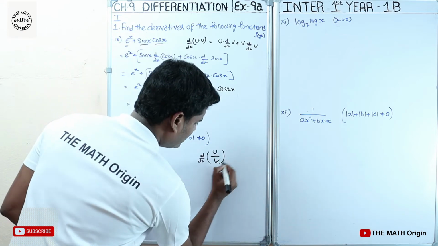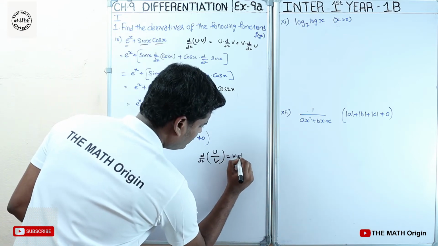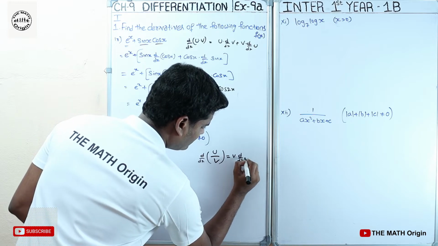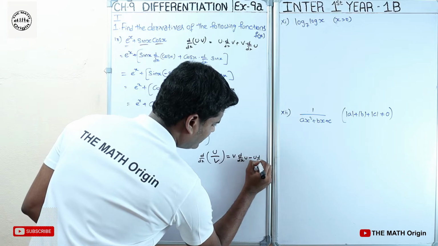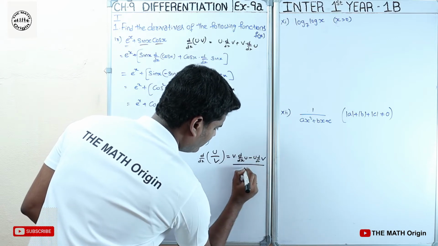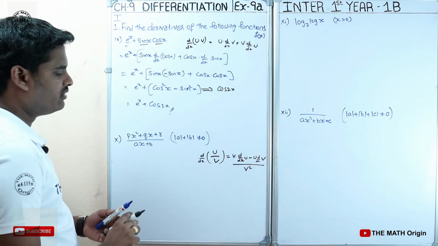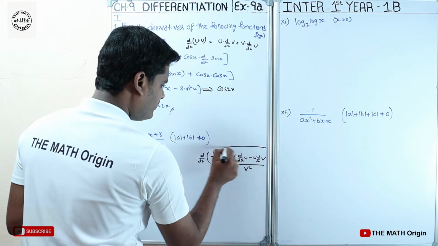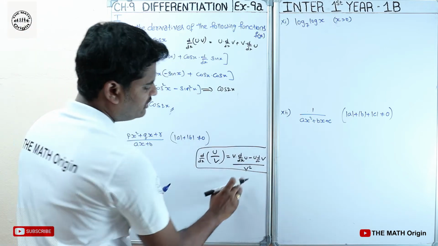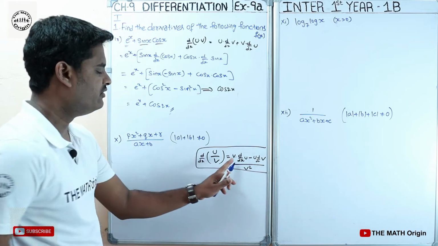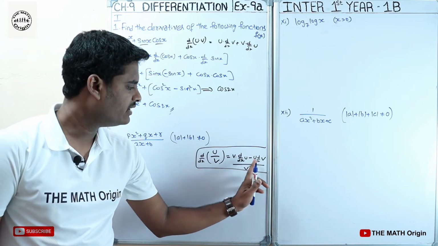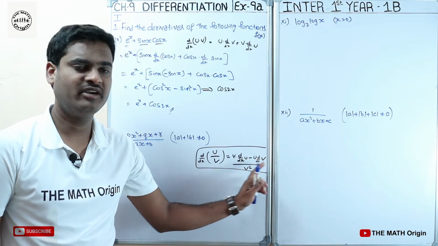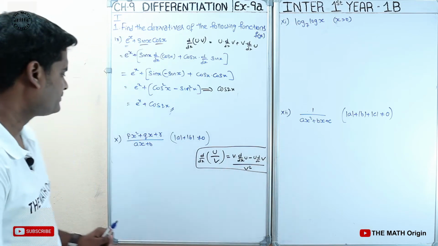For this, the equation is (v into d by dx of u minus u into d by dx of v) whole divided by v square. This is an important formula. Please remember how it has been derived: denominator into d by dx of numerator minus numerator into d by dx of denominator, by denominator square.